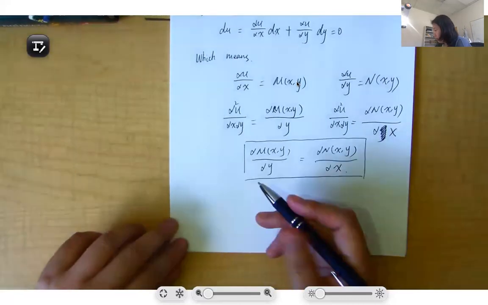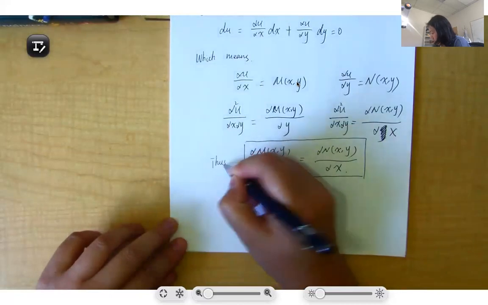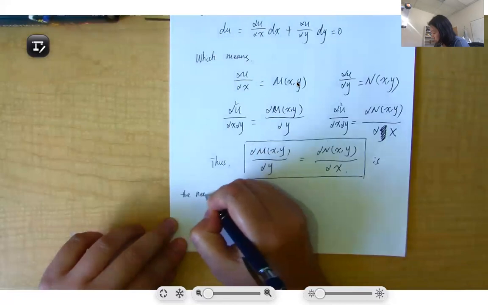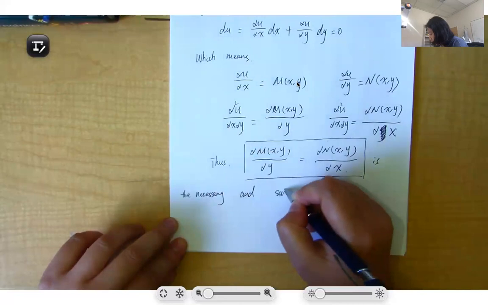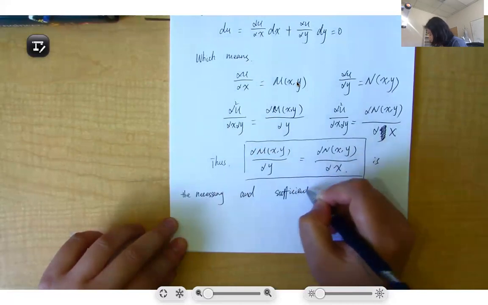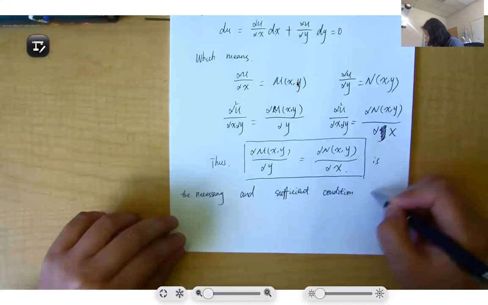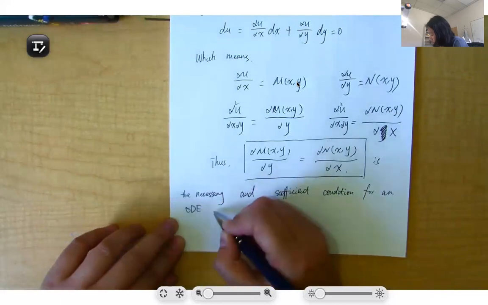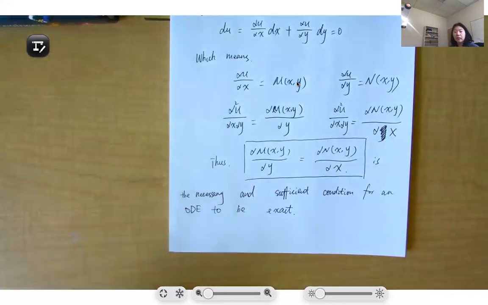So thus, that is the necessary and sufficient condition for an ODE to be exact. Okay, so this is very important.